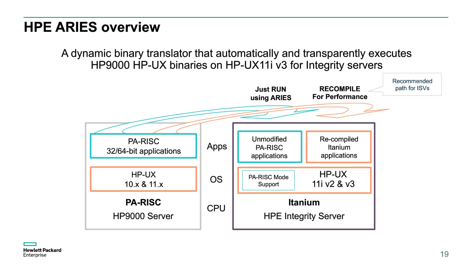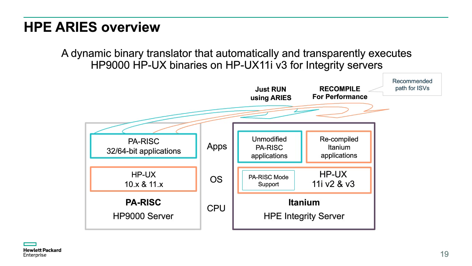So a quick look at how ARIES works. Here on the left-hand side we have the PA-RISC server. We've got the HP-UX 10 or 11 operating system, and the PA-RISC application sitting on top. What we can do is take those applications, roll them up into a big tarball or copy them from one system to another, or try and run the installer to install them on the Itanium platform.